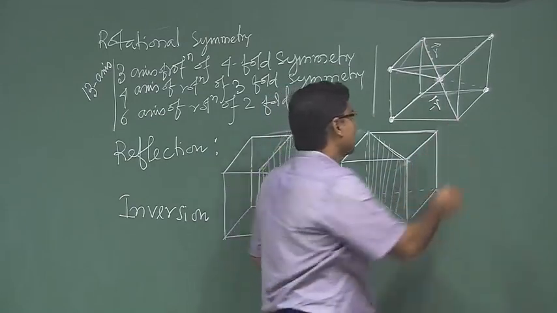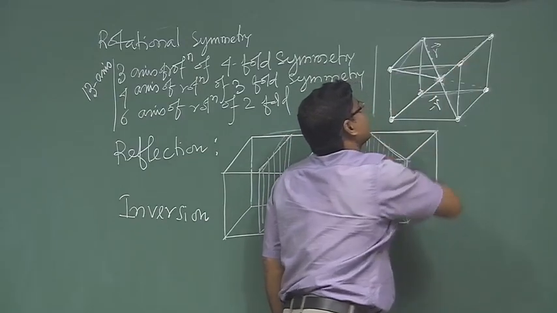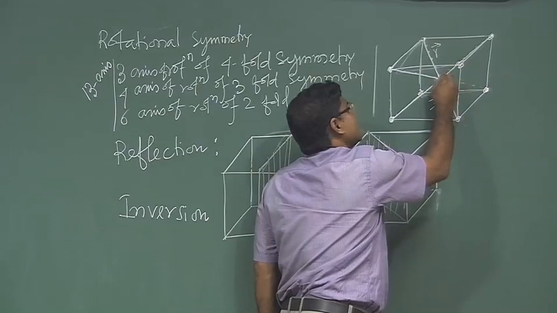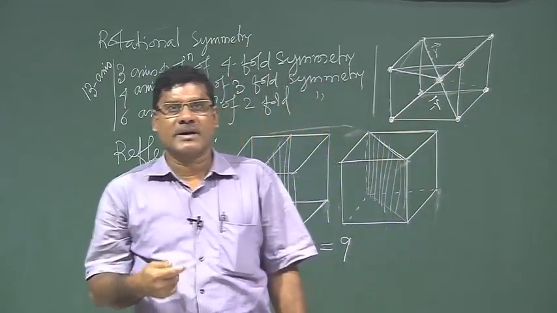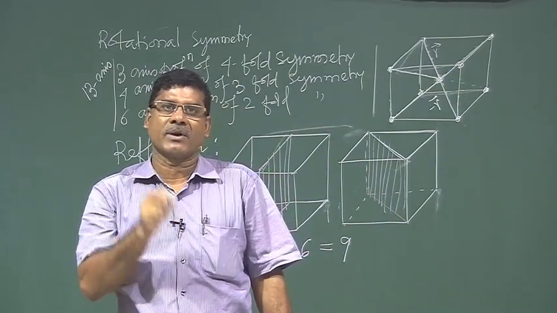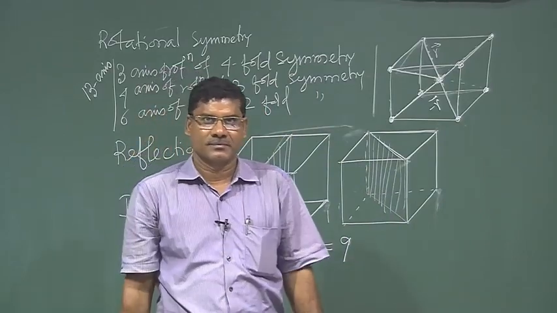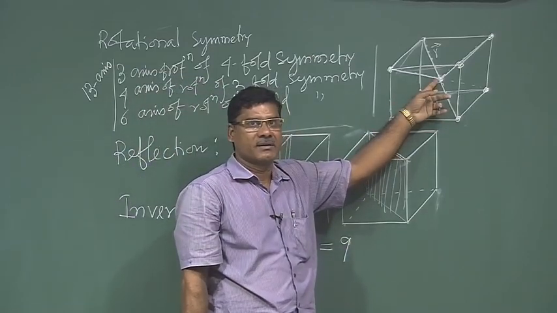So, this is called inversion symmetry. And this cubic crystal has only one point of inversion symmetry.